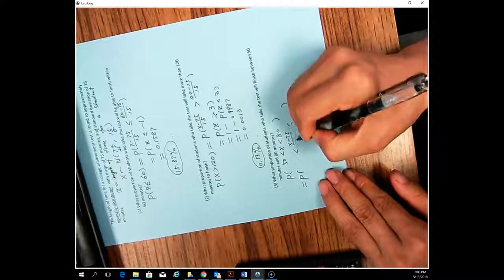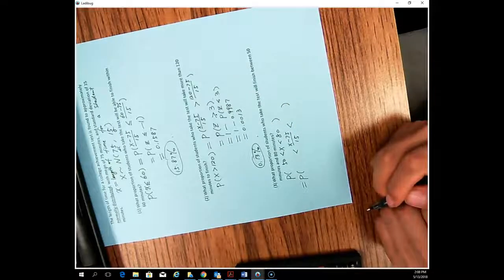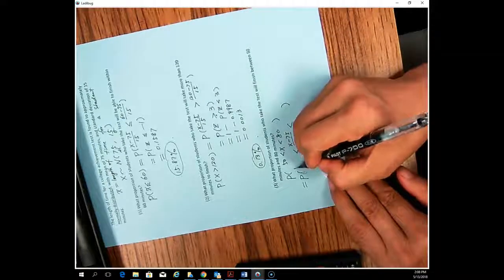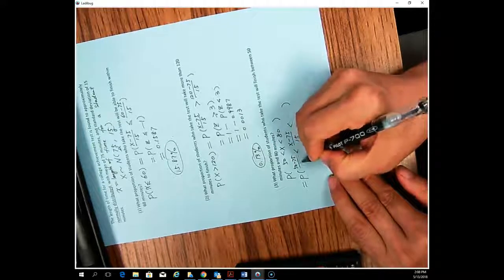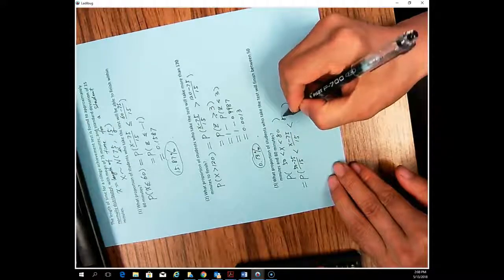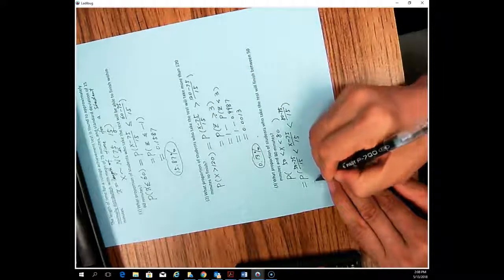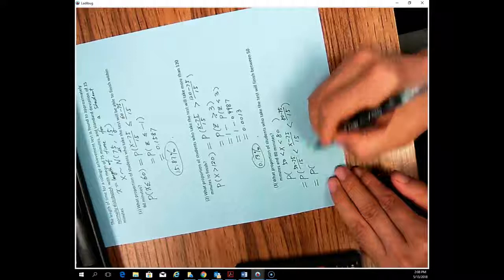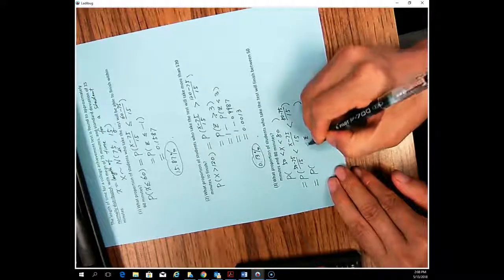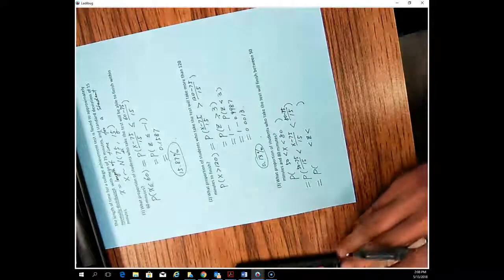Mu is 75, sigma is 15, right? And 50 minus 75 divided by 15. This would be 80 minus 75 divided by 15. So we can calculate z in the middle, and then we have two z-scores.